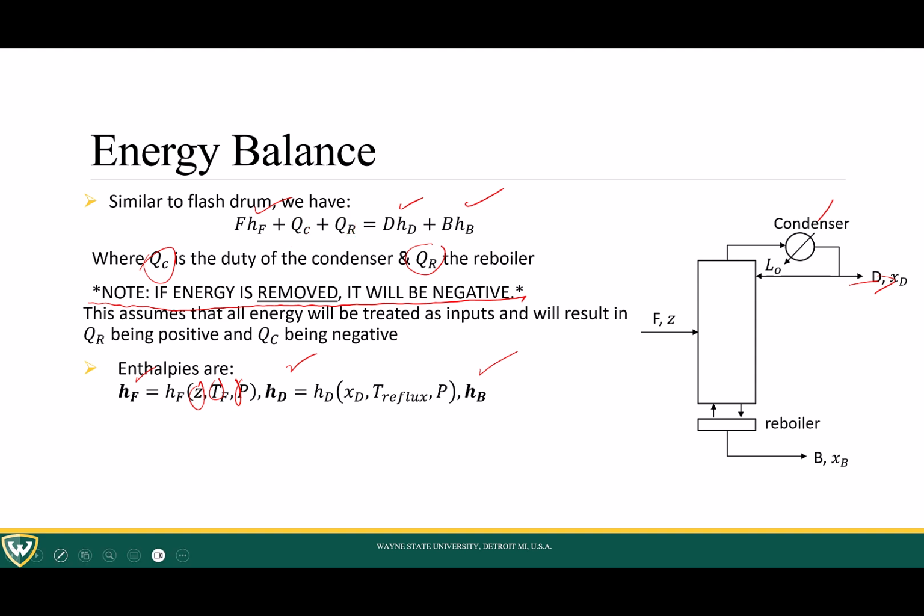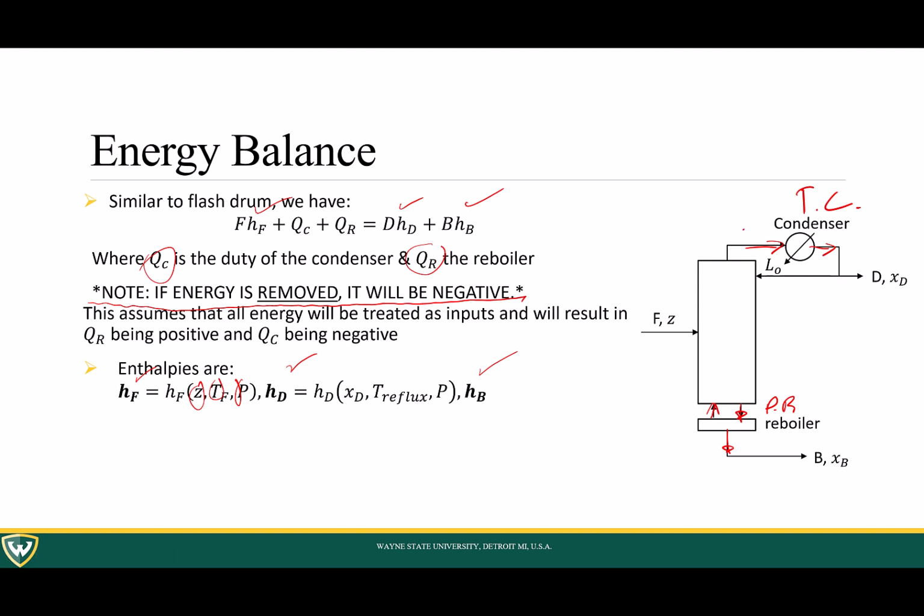Now remember I said the reboiler is usually a partial reboiler, and this is usually a total condenser. For the partial reboiler, the composition of the most volatile component is going to be different for each stream entering and leaving the reboiler. However, the composition of the most volatile component is the same for the condenser.